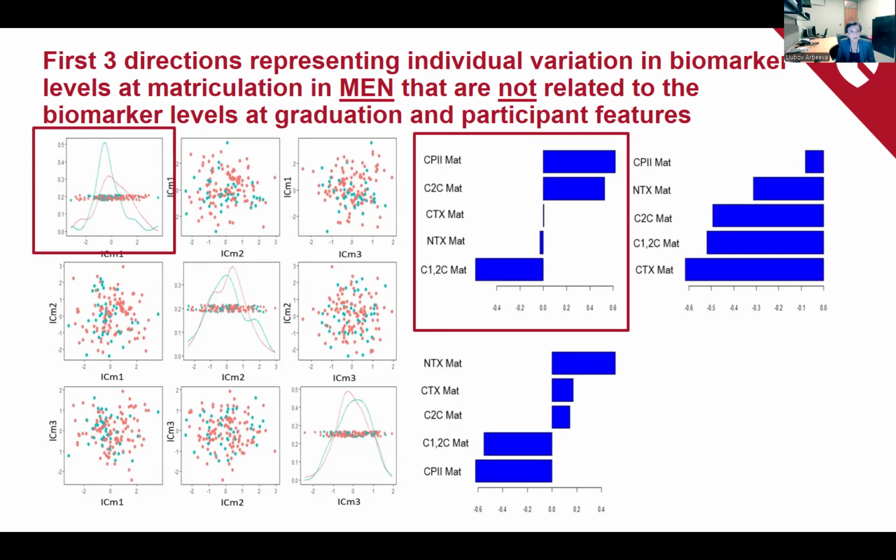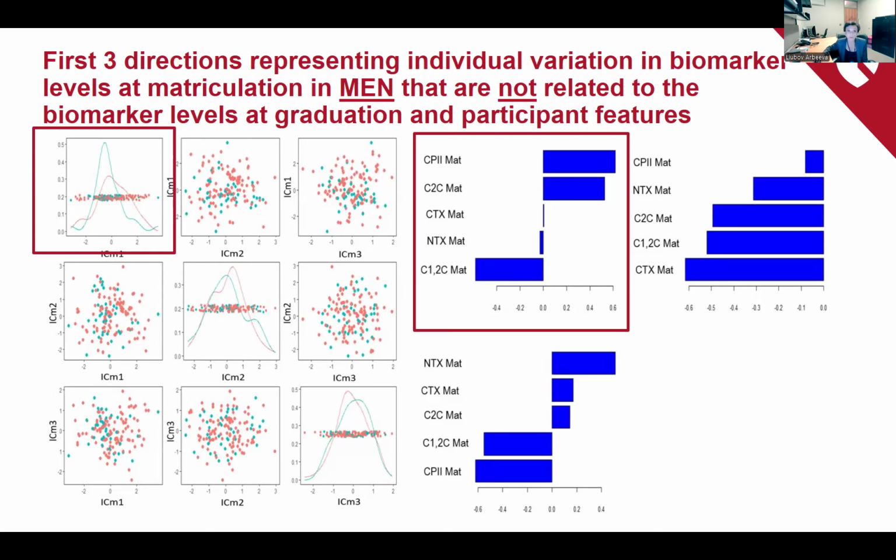So now interpretation. The first component in men was described by high cartilage synthesis. You can see CP2 and low cleavage of type 1 and 2 collagen, C1,2C. It indicates lower bone and cartilage degradation and suggests a protective knee phenotype.